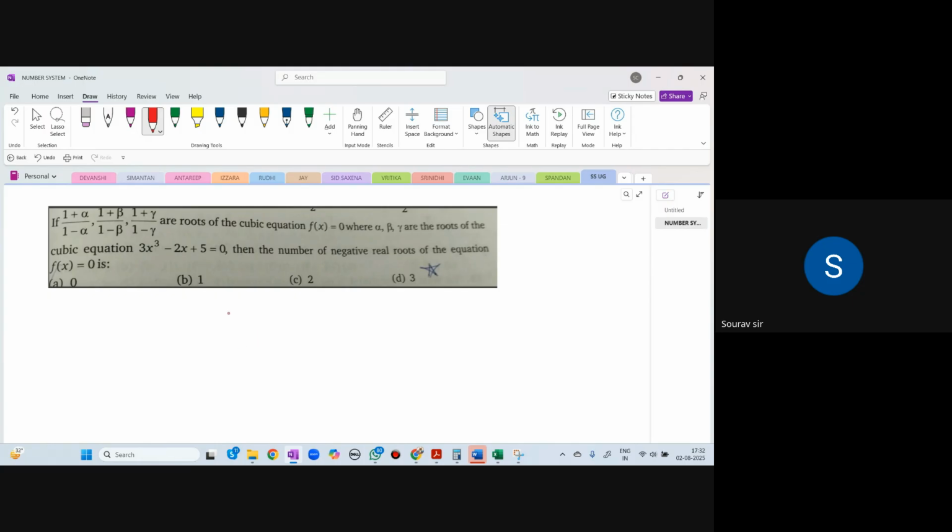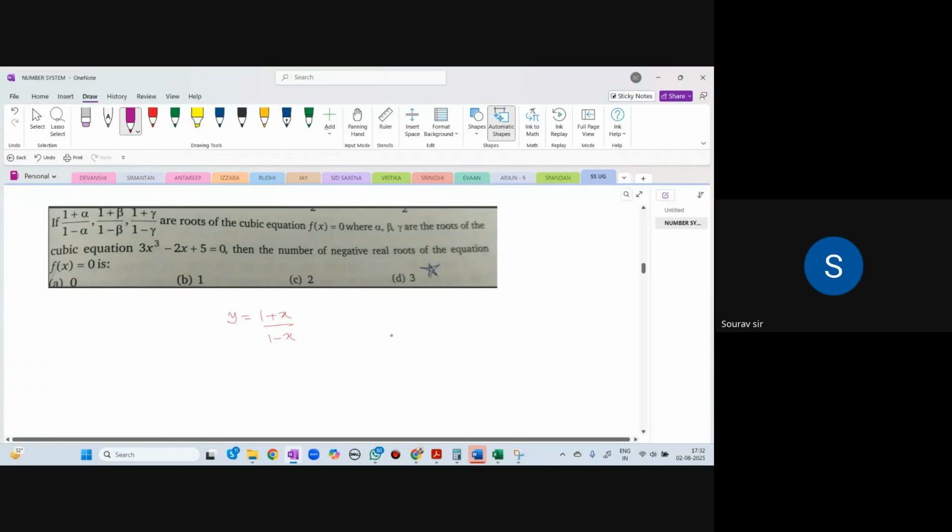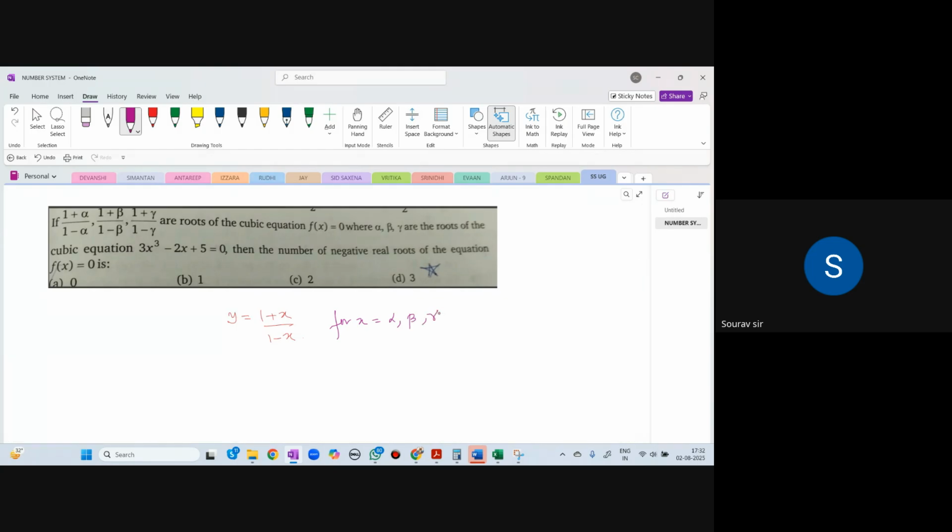So let us define a variable y, which is 1 plus x by 1 minus x. Correct? Now listen to this concept carefully. So for x equal to alpha, beta, gamma, y will be 1 plus alpha by 1 minus alpha, 1 plus beta by 1 minus beta, 1 plus gamma by 1 minus gamma.